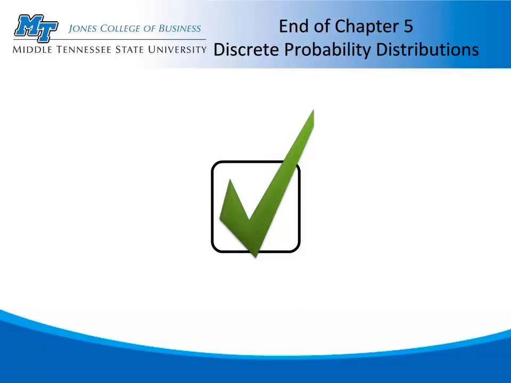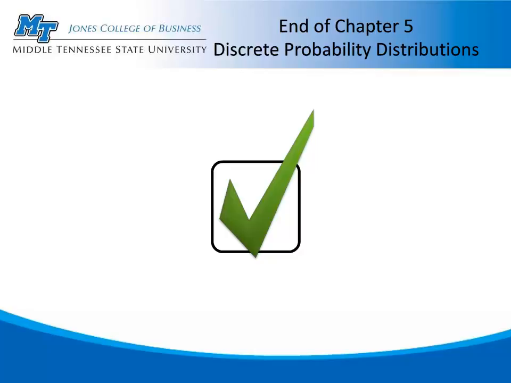Now that concludes the discussion, just the basic elements about discrete probability distributions. We didn't really cover a case where we had a formula for coming up with the value for the probability, but we're going to do that in the next presentation when we cover the binomial. The binomial is just a special case of a discrete probability distribution.